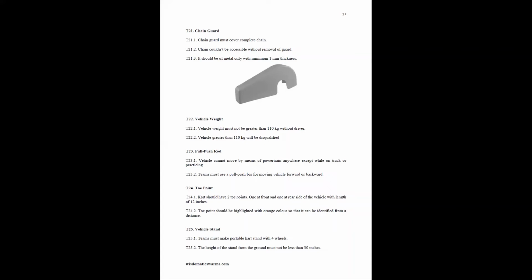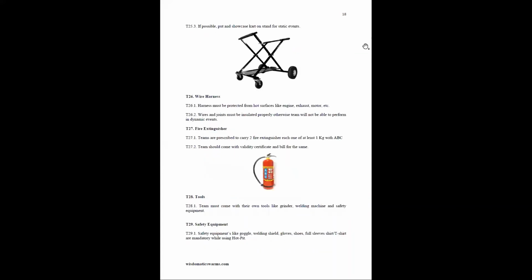The team should carry a vehicle stand so that if they want to work on the cart, you can put it on the stand and work. Here you can see how a stand looks.